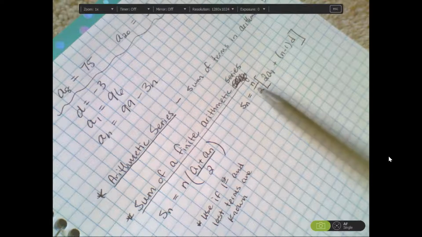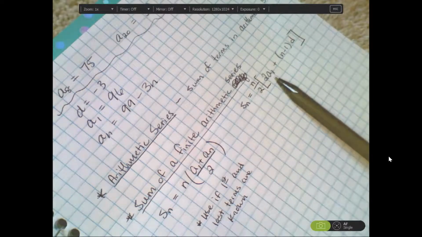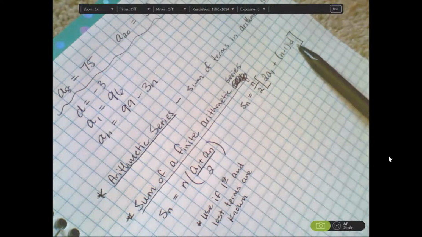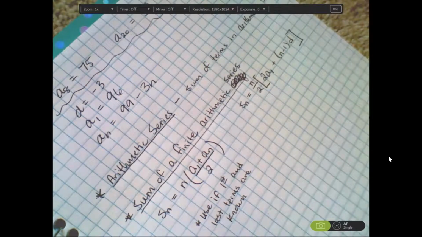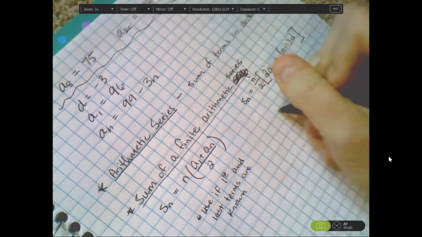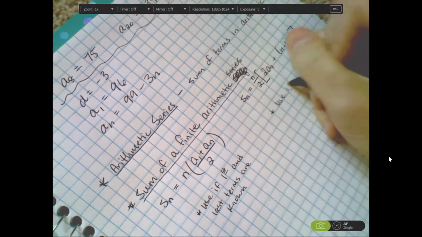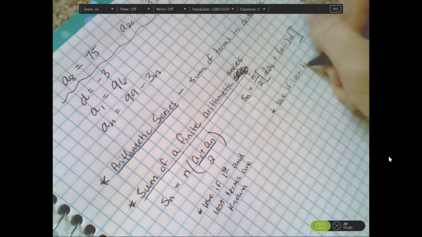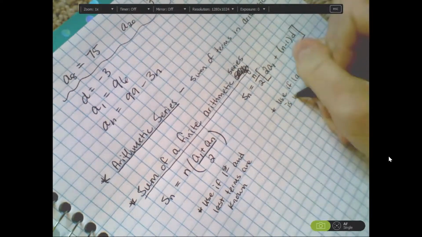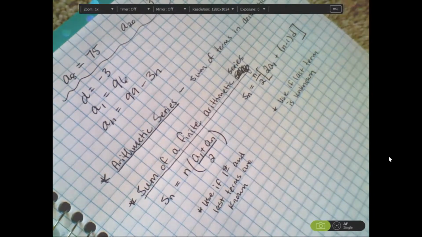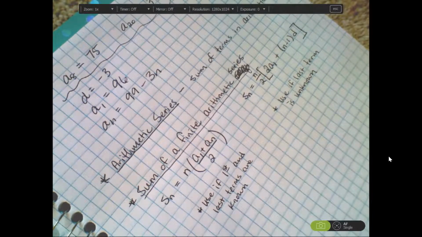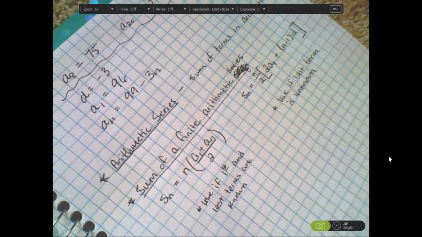That's our N. But we only need to know the first number in our list and the common difference. We don't need to know what the last number is in the list of things that we're trying to add up. So we're going to use this one if the last term is unknown. Depending on what they give you in the problem, you have 2 different formulas that you can use depending on what you know about your sequence or your series.